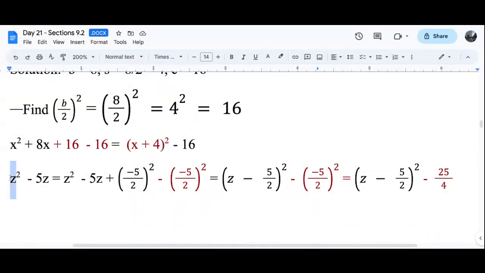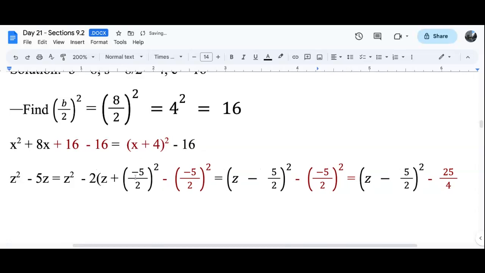Right. If we have z squared minus 5z, well, 2 is not a factor of 5. So what do we do? We do the same. We take negative 5, we divide by 2, right? We add the square, subtract the square. Then right away we get this, because 5 is 2 times 5 over 2.